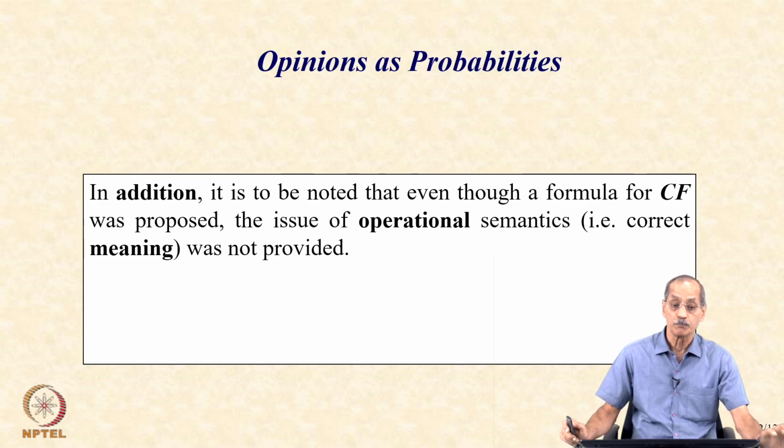The mathematicians who came up with this idea of a measure of increased belief or measure of increased disbelief did not provide what they had intended when they used those in their formula and said that MB and MD are unrelated.